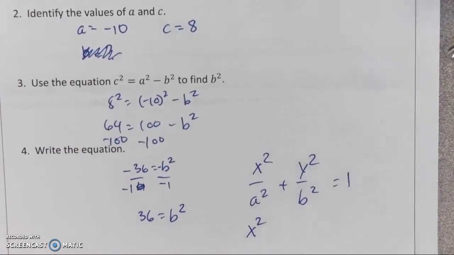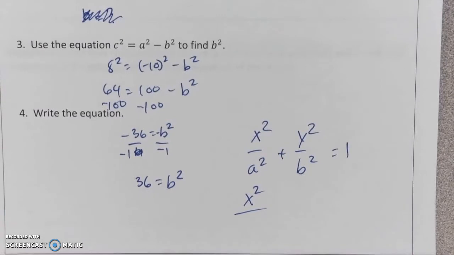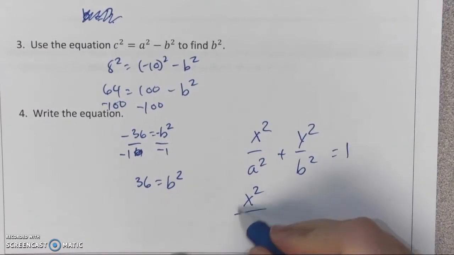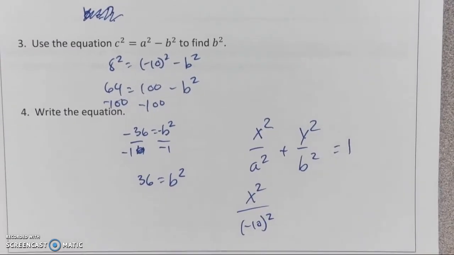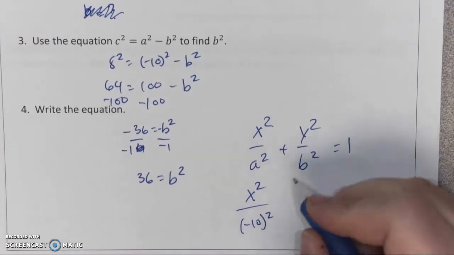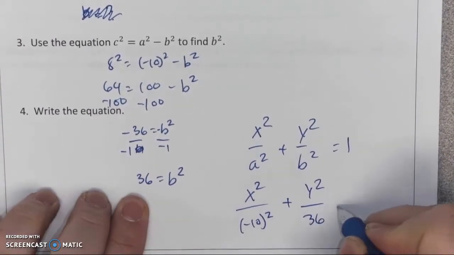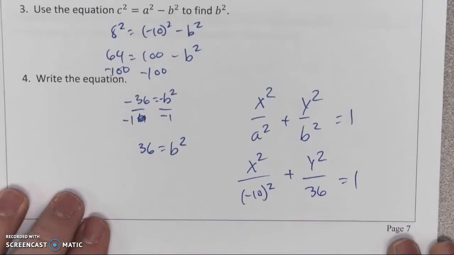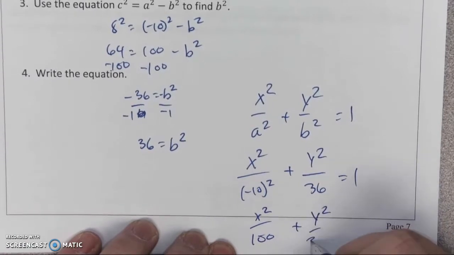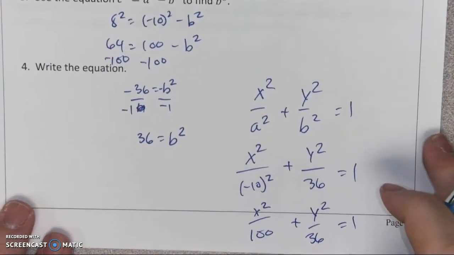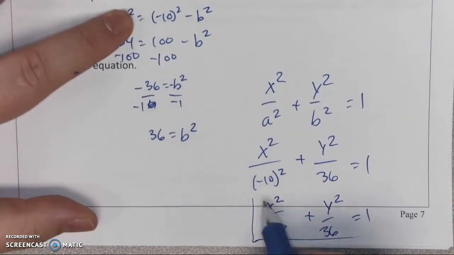I have x squared divided by a squared, which we know is negative 10 squared, plus y squared over b squared, the value of b squared is 36, and that equals 1. We can simplify this one step further as x squared over 100 plus y squared over 36 equals 1. And that would be the equation of your ellipse.